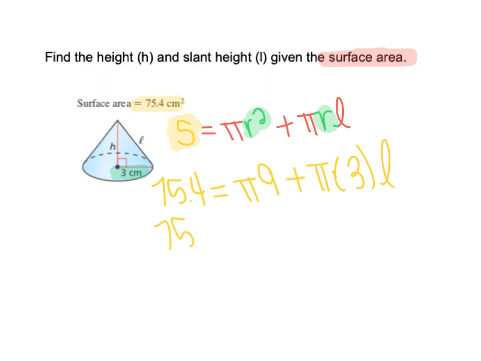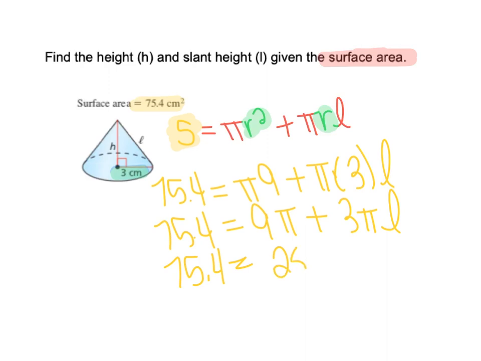So we'd have 75.4 equals 9 pi plus 3 pi L. Remember, pi is just a number, so when you put it into the calculator, 9 times pi is approximately 28.27, plus 3 times pi is approximately 9.42 times our slant height.